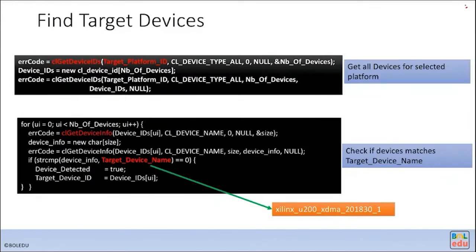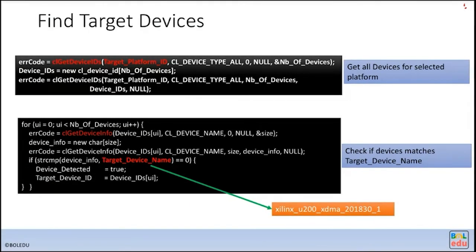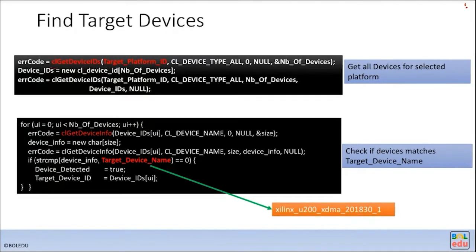Then we identify that the system does have Xilinx devices, and we try to find the devices in this system with the given Xilinx platform. This is the OpenCL code using clGetDeviceIDs.